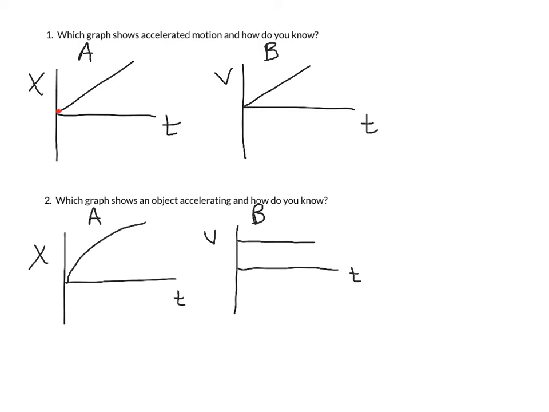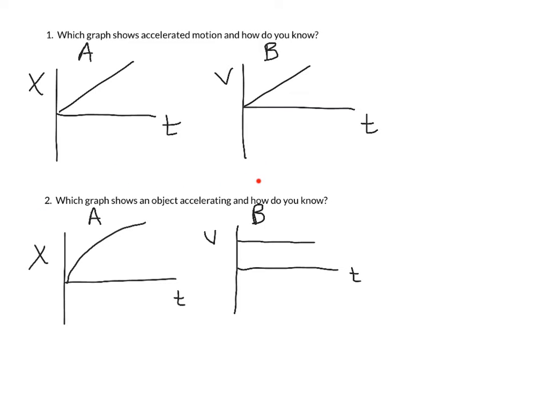You know this one isn't acceleration because a constant slope here means that your position change is happening consistently, which gives us a constant velocity. Constant velocity, not accelerating. All right, number 2.